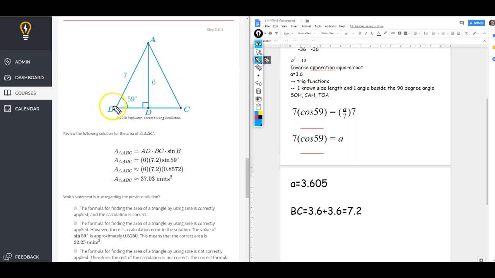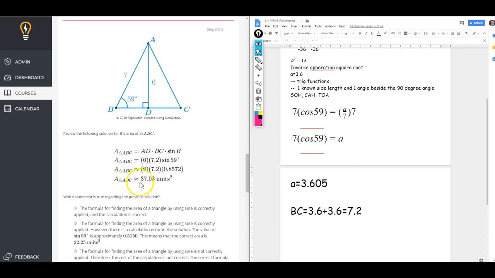So the 7.2, remember, is the side length that we found. And the area of triangle ABC is approximately 37.03 units. Which statement is true regarding the previous solution?